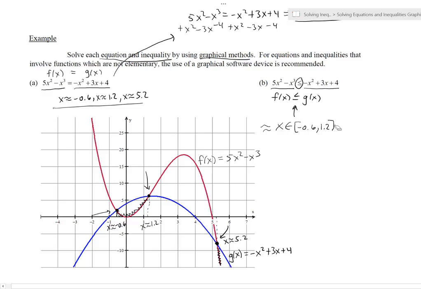And then also it starts happening again, so union with 5.2 all the way to infinity, since f just stays below g forever after 5.2.